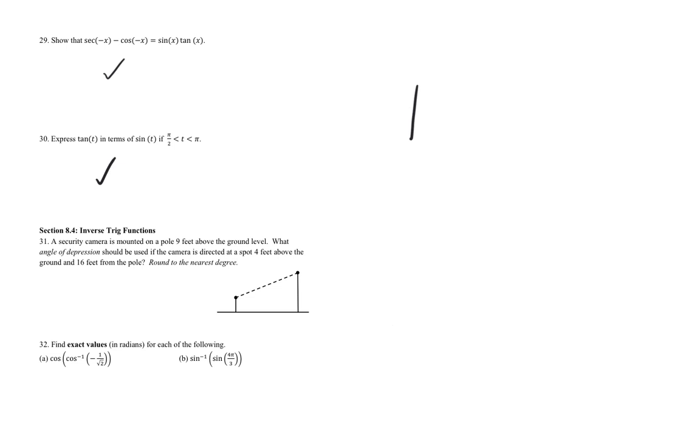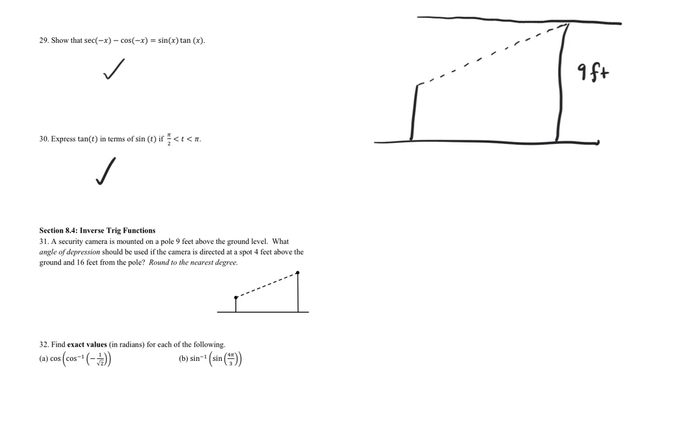So we know that we have this pole that's 9 feet. And we want to figure out the angle of depression, so this angle right here, given that this other spot is 4 feet above the ground, and we are 16 feet in distance from that spot to the pole.